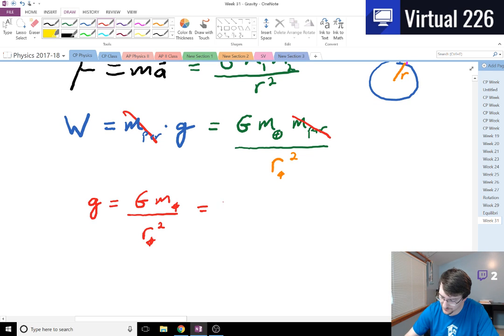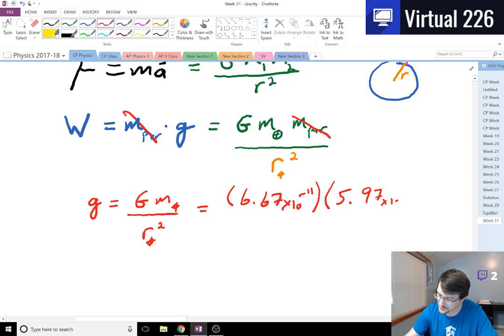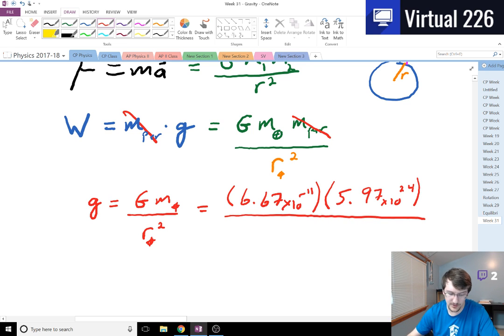And if we plug in values for this, remember, the universal gravitational constant is 6.67 times 10 to the negative 11th. The mass of the Earth is 5.97 or 5.96, depending on how you round that, times 10 to the 24th, all divided by the radius of the Earth, 6.38 times 10 to the 6th meters, squared.